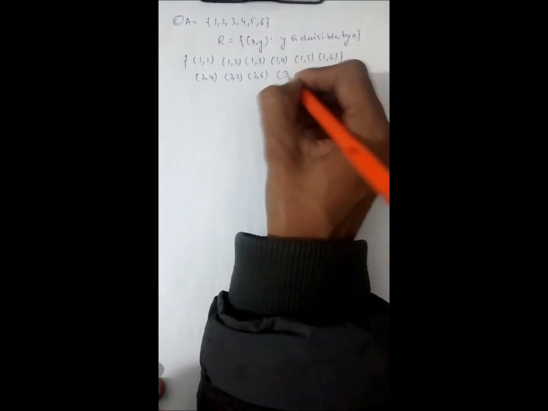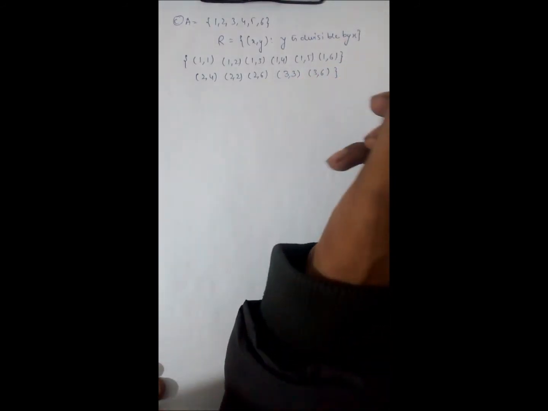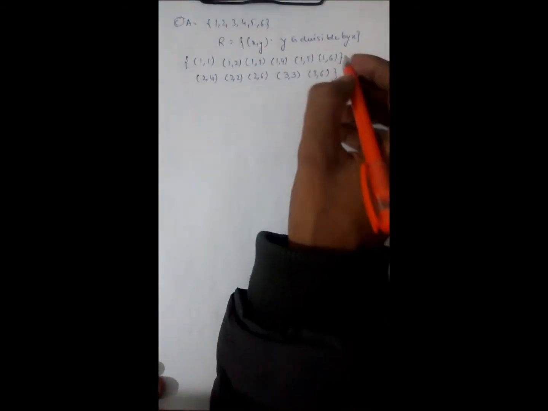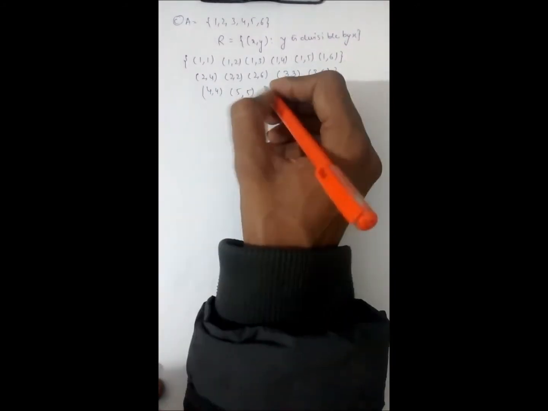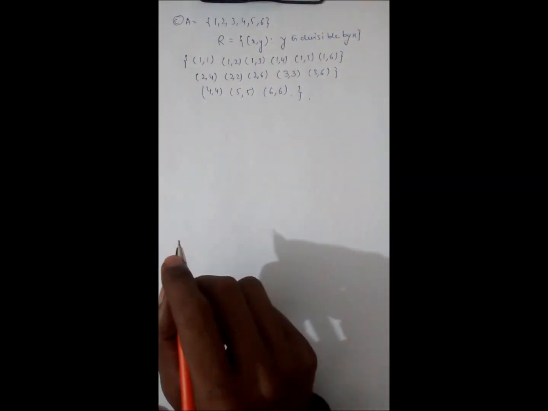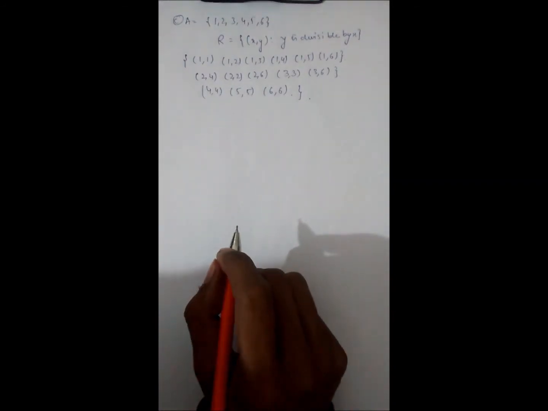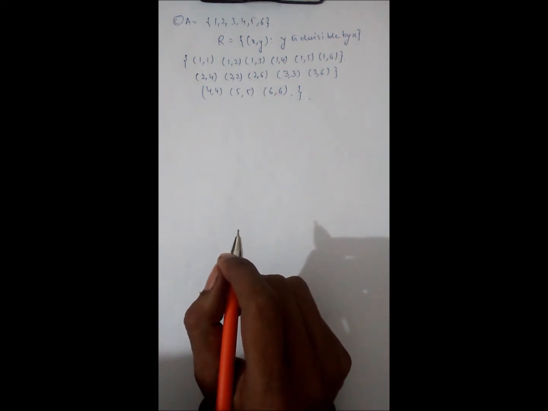And about 3, it will be 3,3 and 3,6. Now the possibilities about 3 are done. Okay, about 4: 4,4; 5,5; 6,6. These are all the elements. I have listed them. Now we need to check whether my given relation R is reflexive, symmetric, or transitive or not.